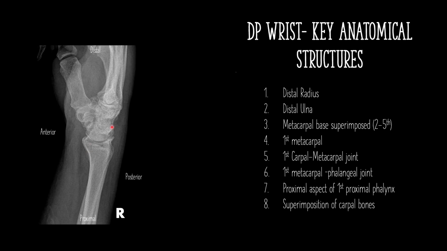We've got our metacarpal bases all superimposed, our second to fifth. We've got our first carpometacarpal joint. We've got our first metacarpophalangeal joint. We've got the proximal aspect of the first proximal phalanx visualized here, and then superimposition of the entirety of the carpal bones here.